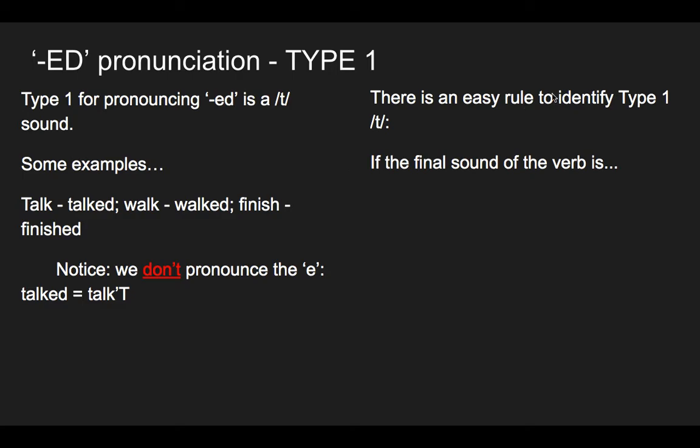So with walk it is k, with finish it is sh, with identify it is i. If the final sound of the verb is p, like help, helped, we pronounce ed like t. So help, helped, because it's p.